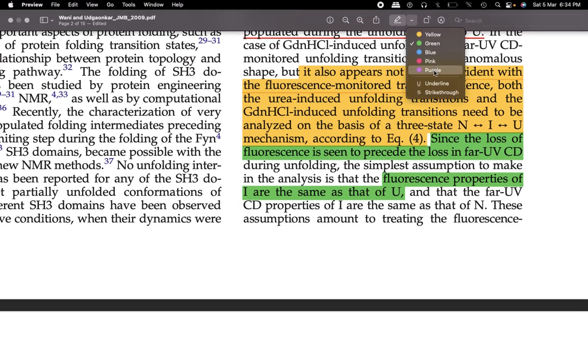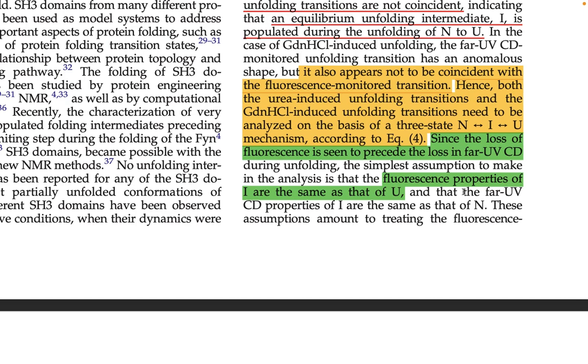Why? Because the far-UV CD change happens late.